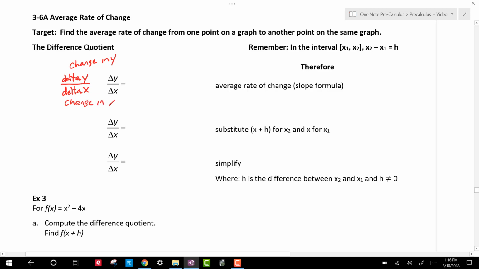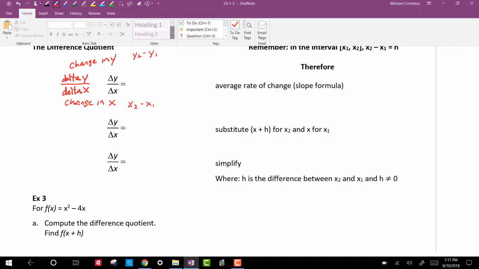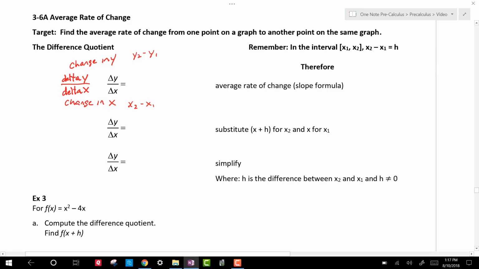Now, you already know what this is, although you've never heard these terms before. The change in y is y2 minus y1. Look familiar? The change in x is x2 minus x1. Delta y over delta x is nothing more than the slope formula. Now, there's a different way to write this than what you're used to seeing. Another way to say y2 is to say f of x2.